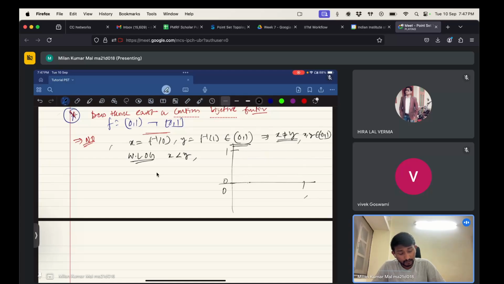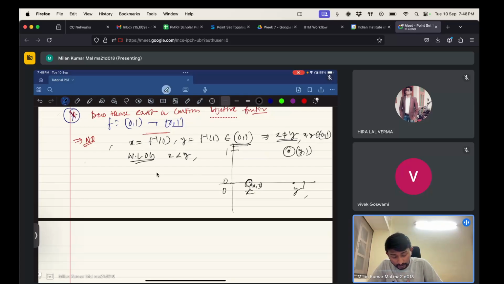Here it is taking value 0 at x, and here it is taking value 1 at y. So the points are (x, 0) and (y, 1). By the intermediate value property, I hope you have known this.